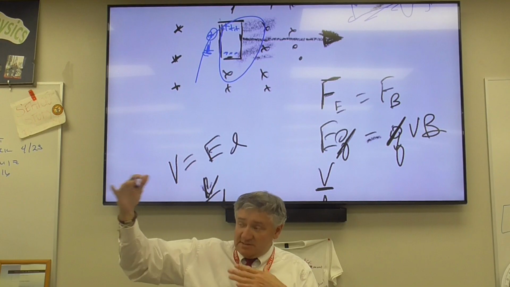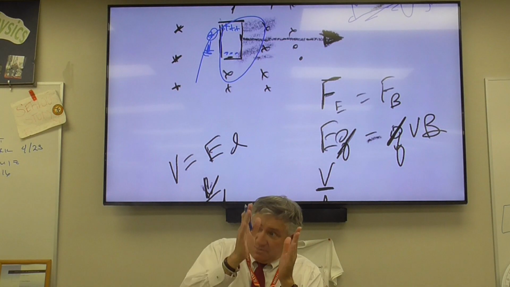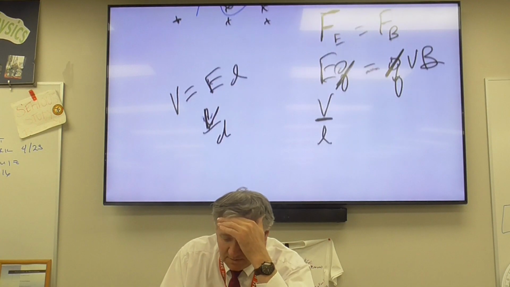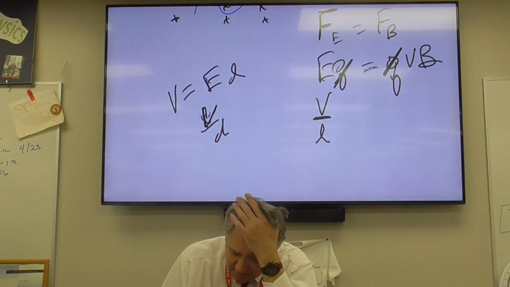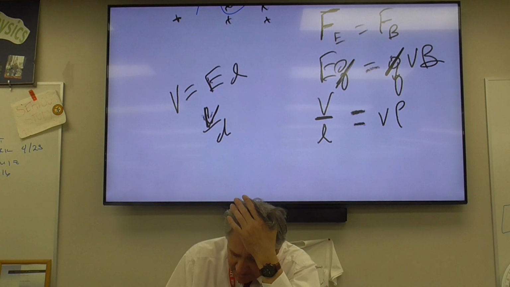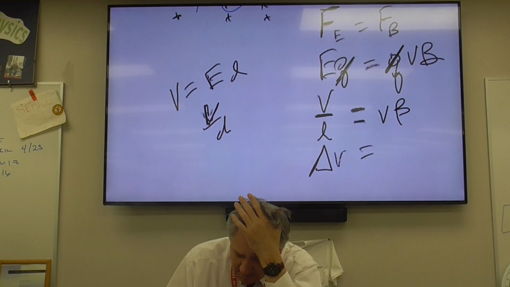It's still in meters, but it's the portion of the length that's actually in the magnetic field. So I'm just going to do a little bit of hocus pocus. This is still velocity times your magnetic field. Now, if I solve this for voltage, I get BLv.